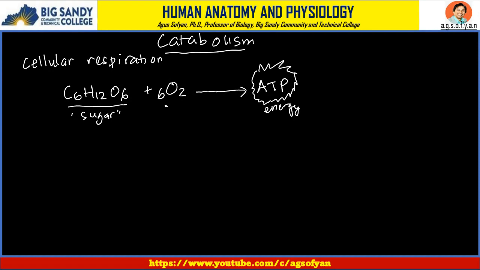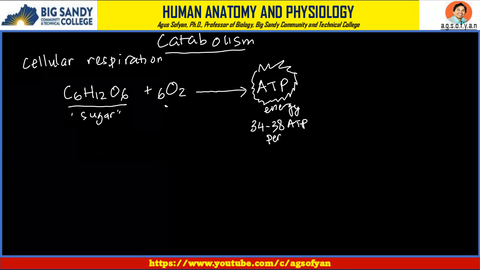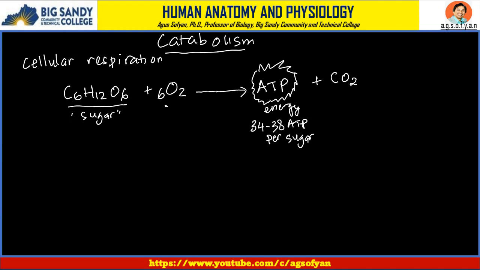Usually there are about 34 to 38 ATP produced from one glucose. Okay, about 34 to 38 ATP will be produced from one molecule of sugar. And the waste products are carbon dioxide and water.